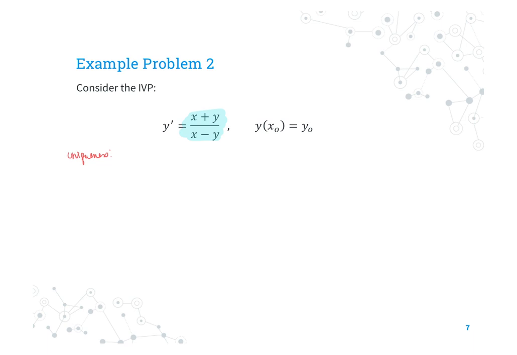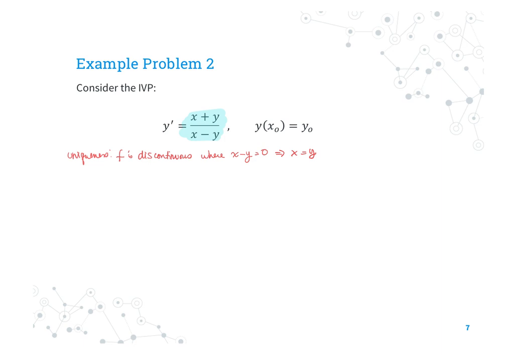So f is discontinuous where x − y equals 0, which is where x equals y.